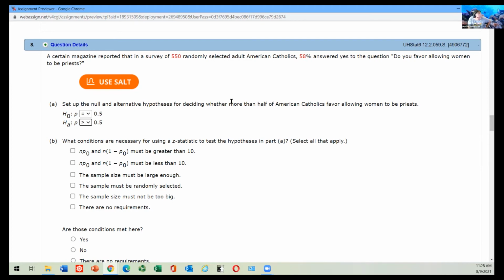And I know it's greater than because of that word. Are you comfortable about the null and alternate? We're a little bit less clear than may have been, but that's what they are. The null is always P equals something, and the alternate is P greater than that number, less than that number, or not equal to that number.